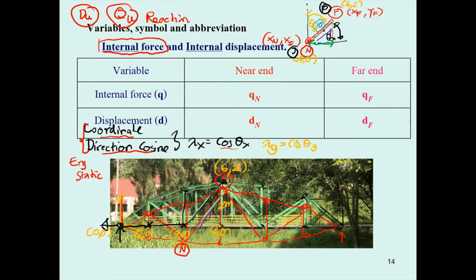Now, if you calculate, this is 4, this is 6, this is 4, so this is going to be 6 minus 4, which is 2 meters. Okay, this is going to be x sub f minus x sub n.